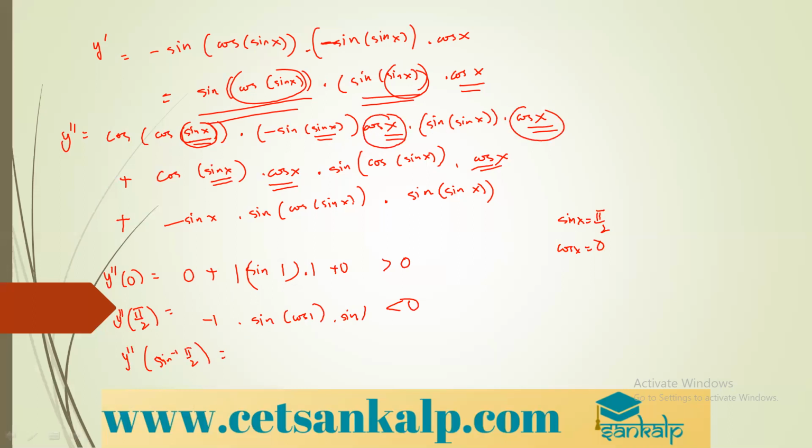First term will become 0. Second term also will become 0. Third term, sin x is pi by 2, minus 1. Sin x is pi by 2. So 1, cosine 1, sine of cosine 1. As the sine pi by 2 is 1, so sine 1, this is less than 0.